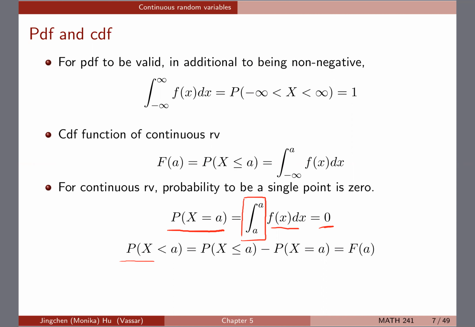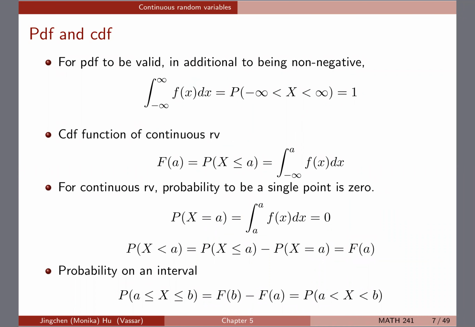Another way to look at it: if I'm looking at the probability of X smaller than some value a, it will be my CDF at that point. And then you can also see that it actually becomes F(a) as well. Once you have these two equal to each other, this is telling you that the probability of X equal to some particular value a is 0. So that's something very interesting and important to grasp for a continuous random variable.